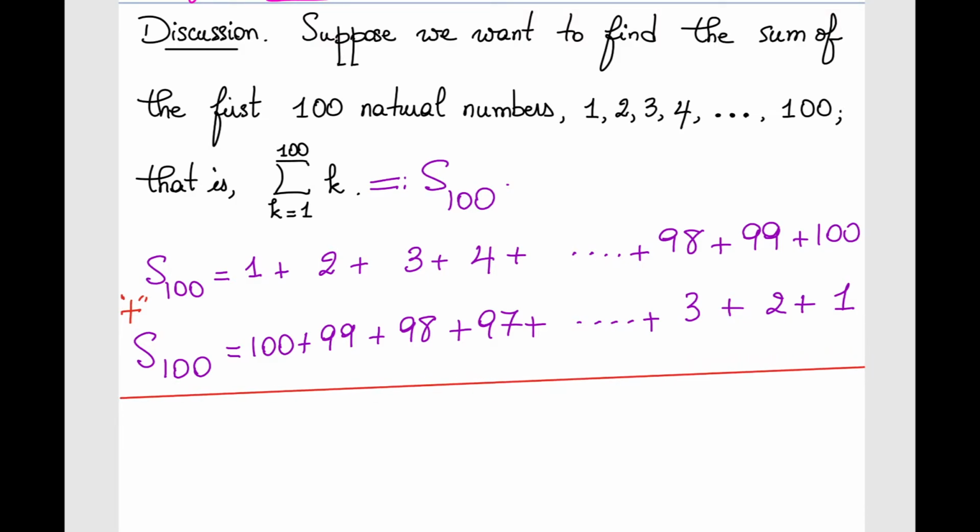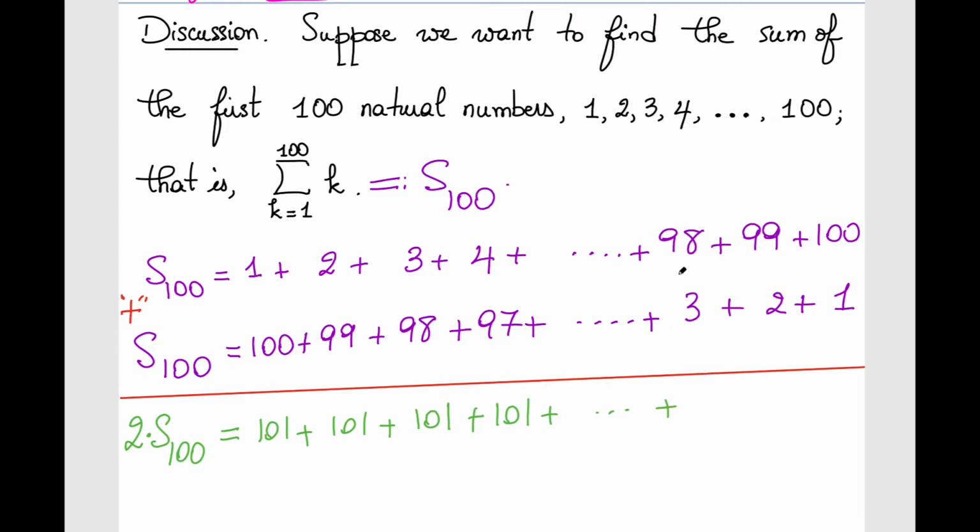We get twice S sub 100 on this side, because S sub 100 plus itself is twice the thing, equals 1 plus 100. I can look at the sum of all the numbers upstairs plus the sum of all the numbers downstairs, two at a time. 1 plus 100 is 101. 2 plus 99 is 101. 3 plus 98 is also 101. 4 plus 97 is also 101, and so on.